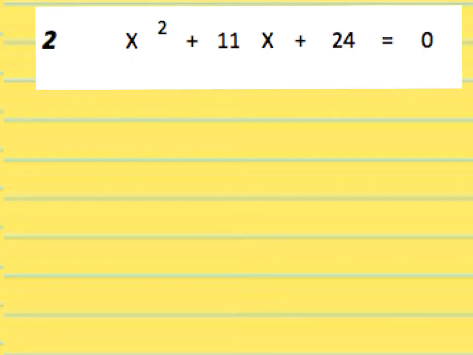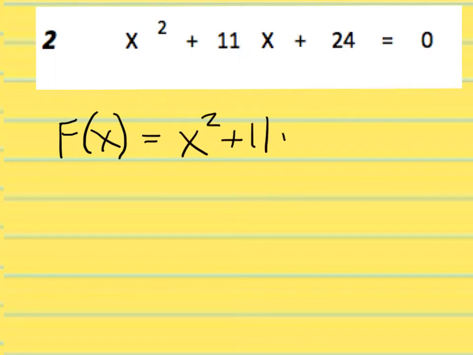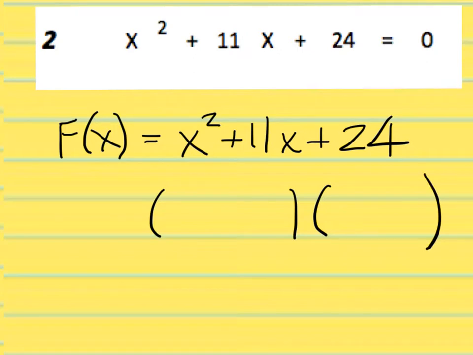This one you have plus plus again. Remember, it can be written as f of x equals x squared plus 11x plus 24. If you want to break it up into two quantities like this, you must know that to get x squared, you're going to have an x times x at some point.